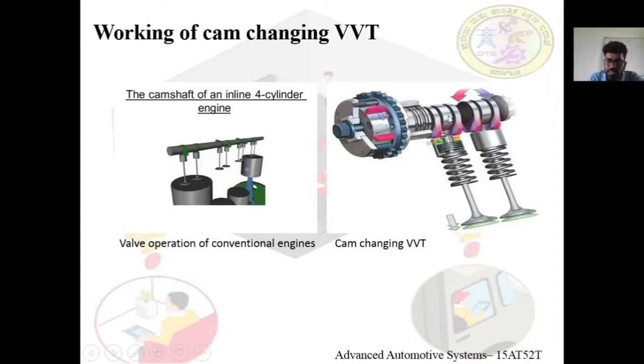At high speed, the bigger cam profile will be activated and the valve lift will be more. So one valve is operated by different cam profiles; they use two or three cam profiles for one valve operation, so that we can achieve different valve timing and different valve lift duration.